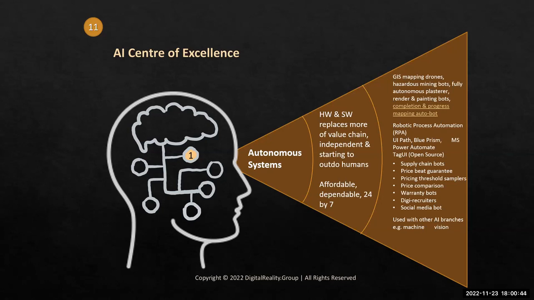So there are many applications, from supply chain bots to price beat guarantee, replacement of humans, to digital recruiters and social media bots. So that's one area: systems and software that can automate the usually monotonous things that we do, although they're getting smarter. So that's the first area. Next slide, please.